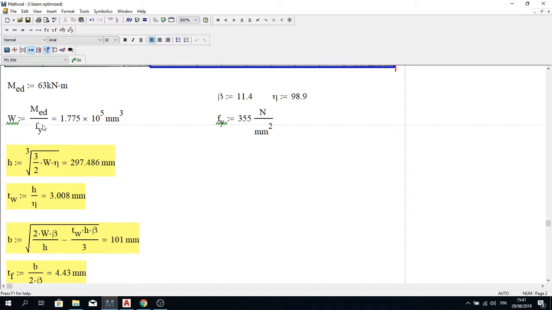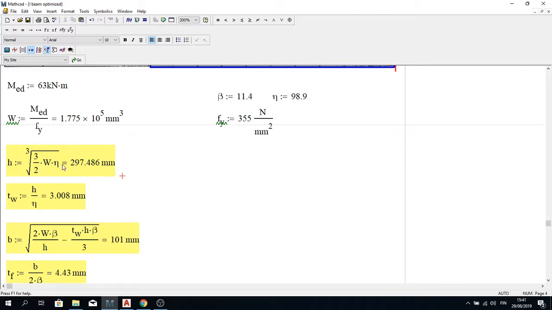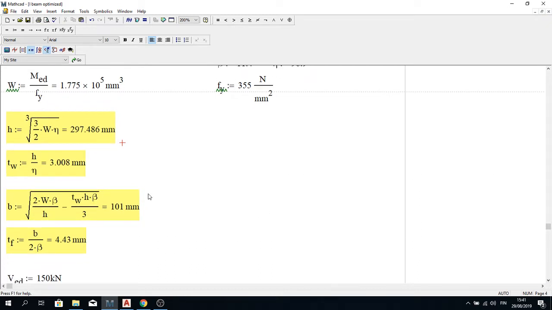W is the moment divided by Fy, and the height, we have derived this equation earlier, and this is this, where we know W, we know neta, so height will be something like this, and thickness of web equals height divided by neta, which will be like this, and B equals, again, this equation we have derived earlier.